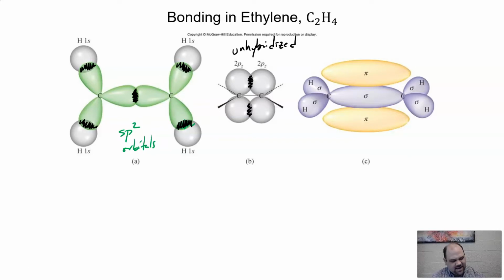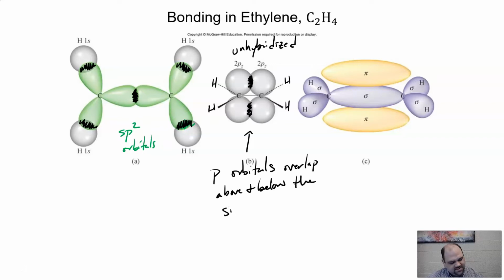They do overlap both above and below the molecule. Hopefully you can tell, right, over here is an H and over here is an H, H, H, right? There's our molecule in there. And so the p orbitals, just because of their shape, they overlap above and below the sigma bond.